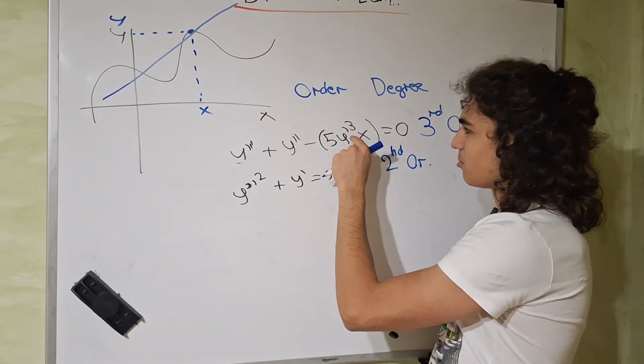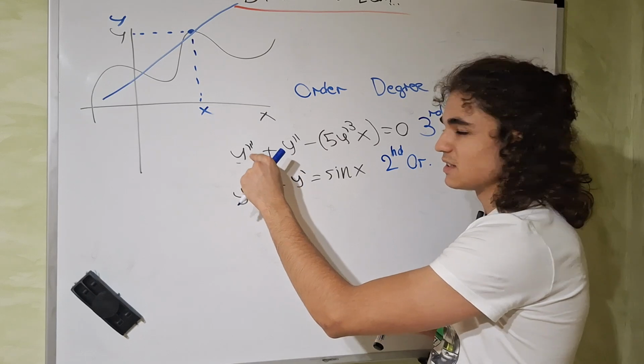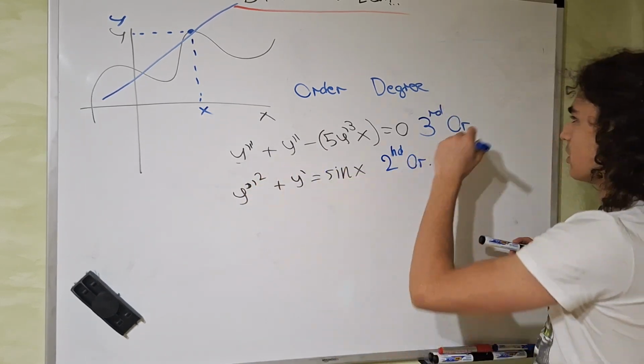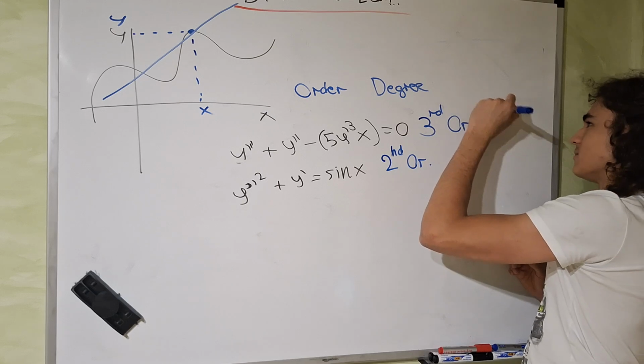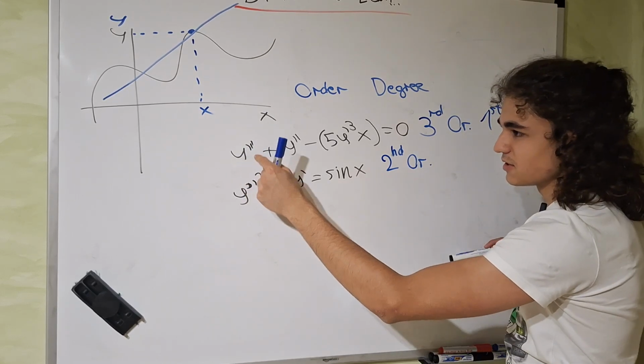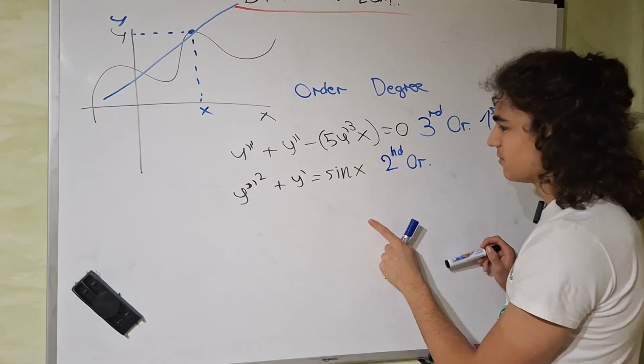Here we have y prime cubed, but the highest derivative is third order, so the degree of this equation is first degree, because the highest derivative term is just to the first power.